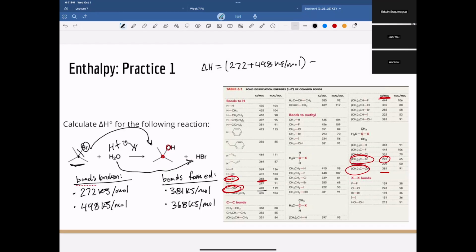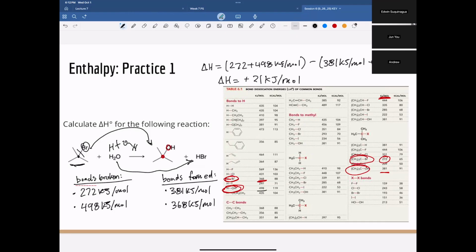And then subtract the bonds formed, 381 kilojoules per mole plus 368. If we punch this into the calculator, you'll get positive 21 kilojoules per mole. And that's the amount of heat you would have to put in for this reaction to occur.